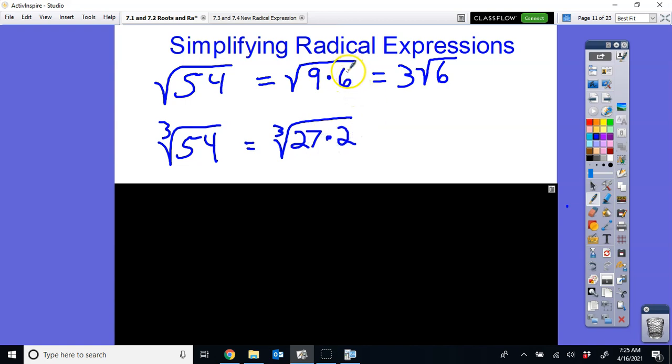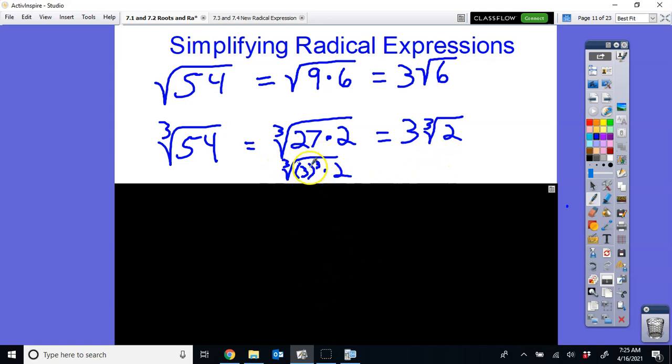Again, 27 is not some kind of magical number. It's because it's a perfect cube, and I'm taking a cube root. Remember, we talked about 27 earlier. 3 cubed is 27. So the cube root of 27 would be 3. And then the cube root of 2 would still be inside the radical.